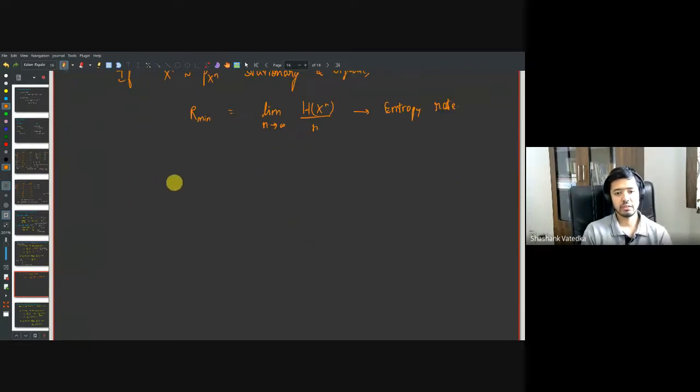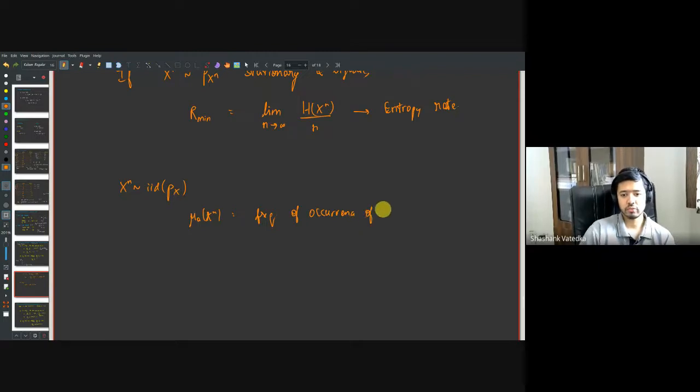So basically, for example, if you have an IID sequence, IID according to some px, and you look at the empirical frequency of letters in xn, let's say mu a of xn is the frequency of occurrence of the symbol a in xn.